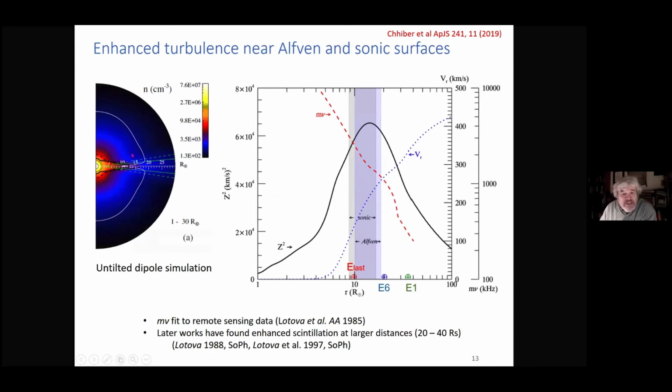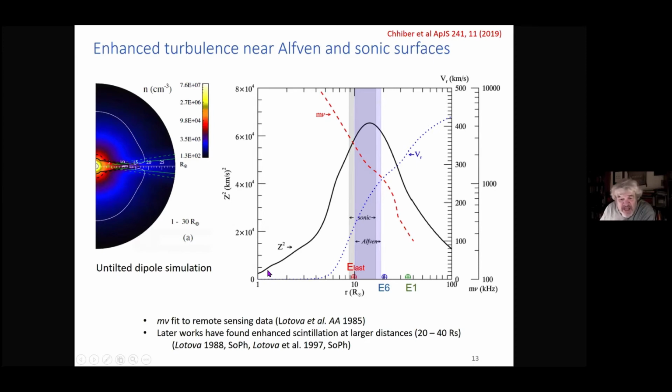And even if you use the simplest boundary condition, an untilted dipole magnetic field, and reasonable boundary conditions on the inner part of the code, this is a three-dimensional MHD code, but it's a Reynolds averaged model. So we have a subgrid or unresolved turbulence amplitude that we call Z squared. So these are the resolved fields that you see here, the density. And then we also follow a turbulence amplitude and a correlation length.